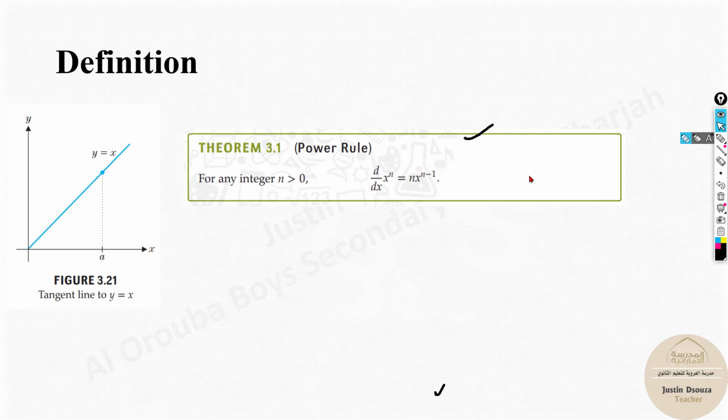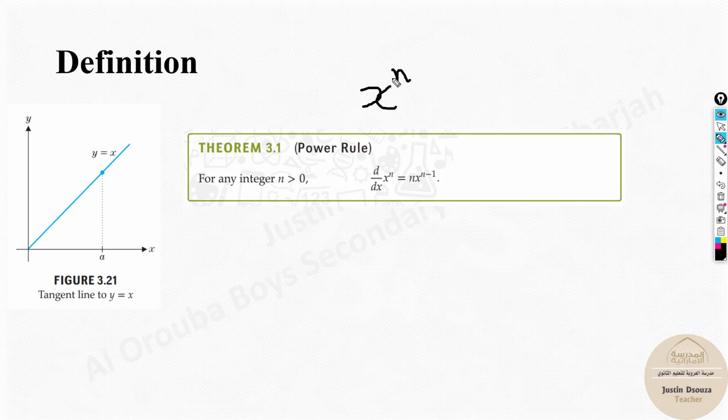Now let us imagine we have x to the power n, any power. There is something called the power rule. This can be derived using the previous lesson's basic derivative formula, but if you remember this by heart, that's more than enough.